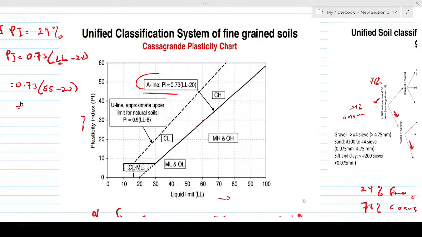We have 26%. And the value we calculated initially was 29. And the value we have here is 26, right? What this means is that our value will plot above there.